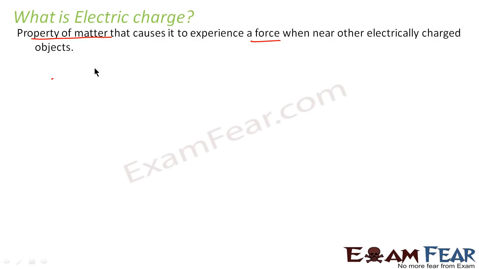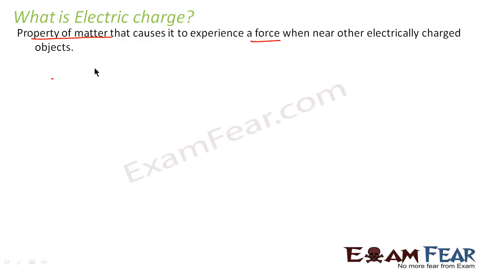Even though you are not aware of the details of charge, you all have heard of positive charge, negative charge, right? We talk of these things in daily terms. So if there is no charge at all, then there will be no attraction, there will be no repulsion.